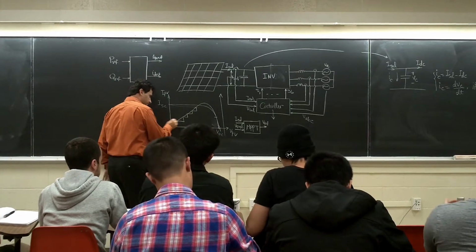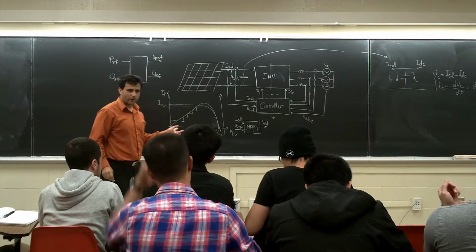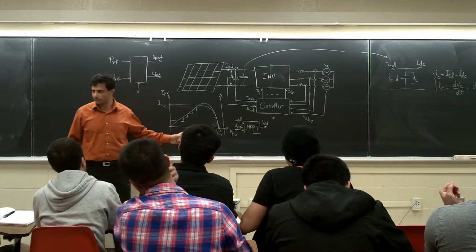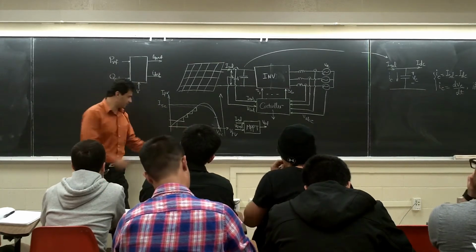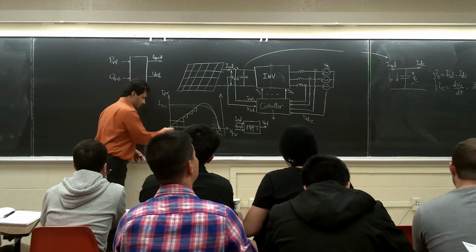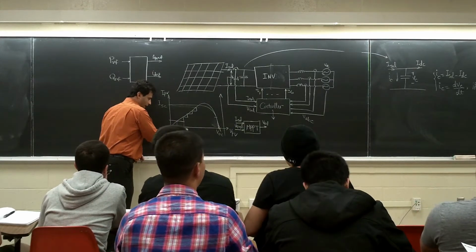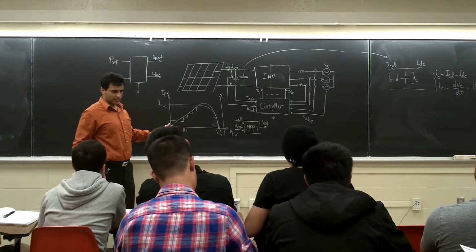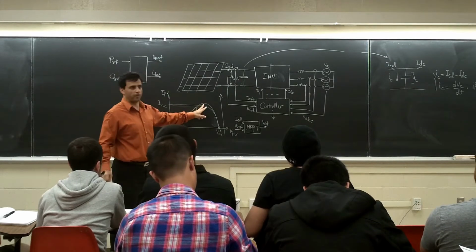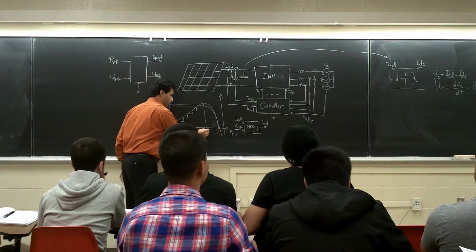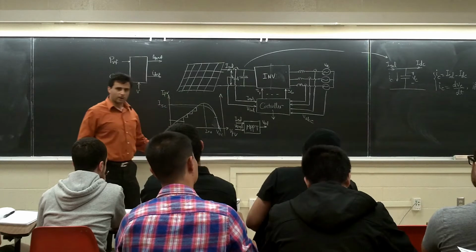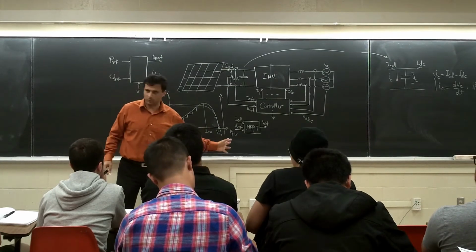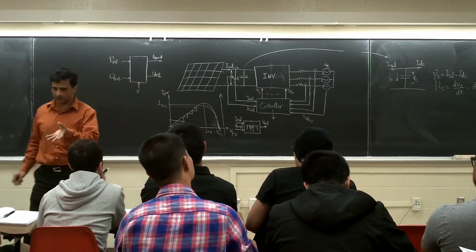We are at this point and I want to increase the voltage. For example, this was 100 volts, and Vref says go to 110. Let's say this is 200 volts, and I'm going to go from 100 volts toward 200 volts with a step of 10 volts, for example.